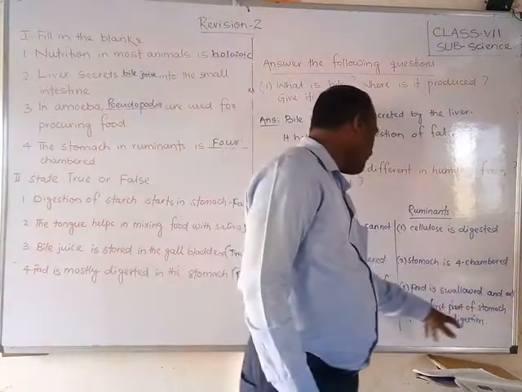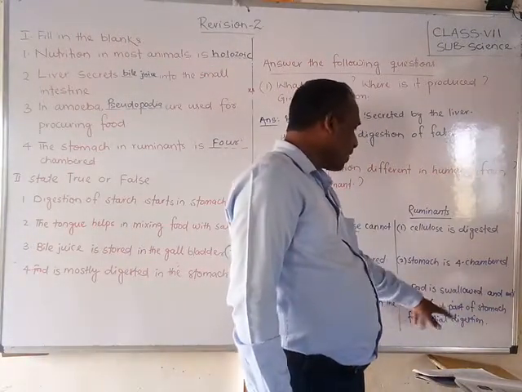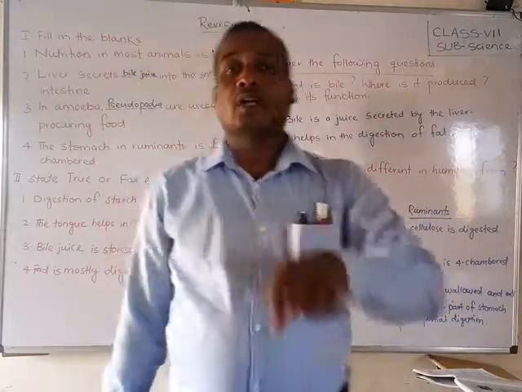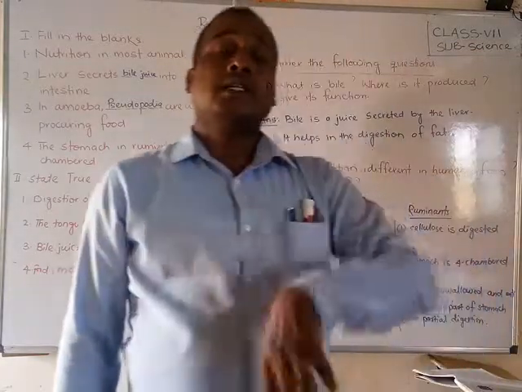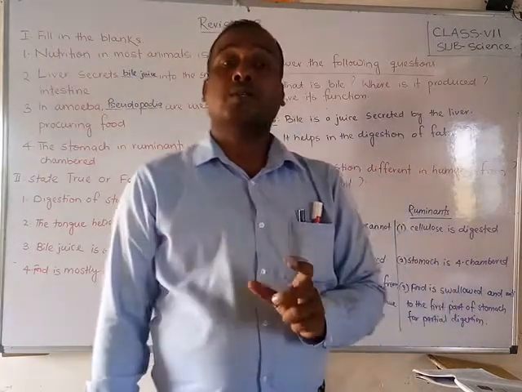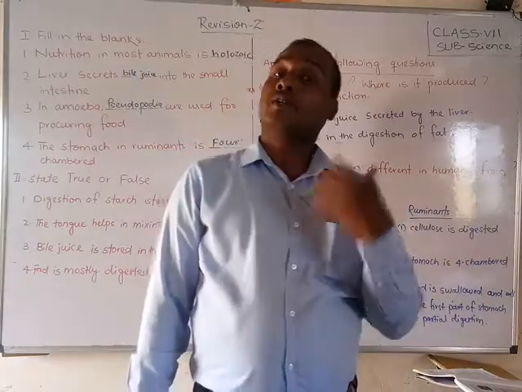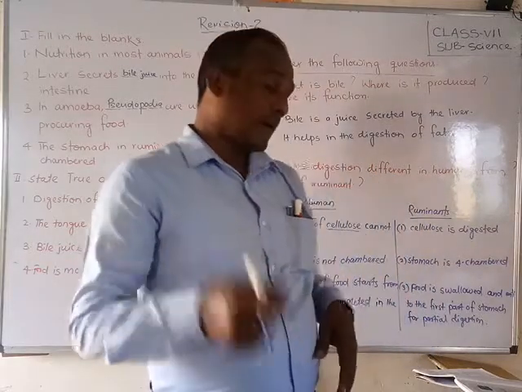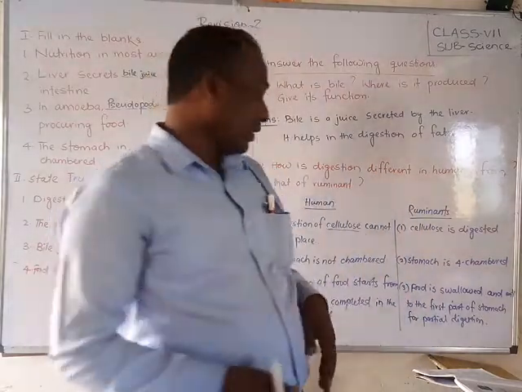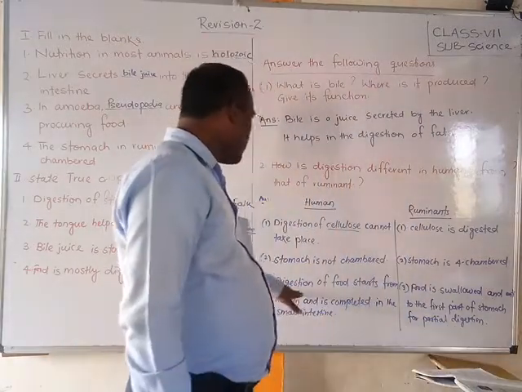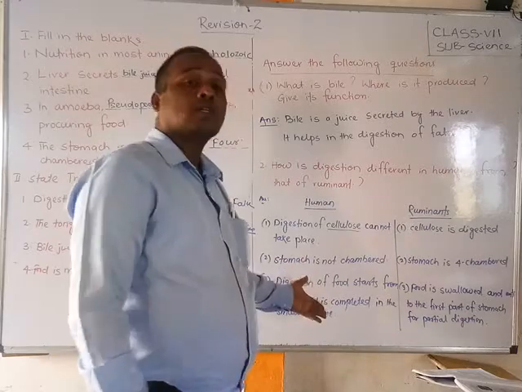So that is the difference. Food is swallowed and sent to the first part of the stomach for partial digestion. First you swallow all the food items and send them to the first chamber of the stomach. Then when there is time, it is brought back to the mouth.